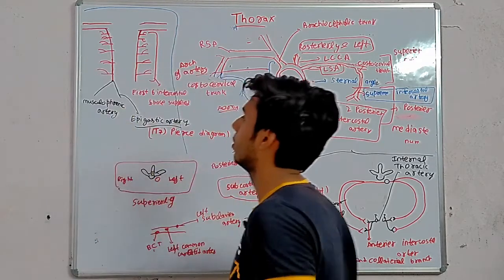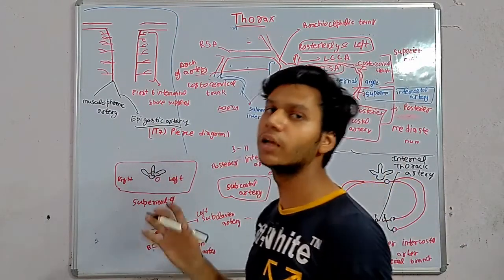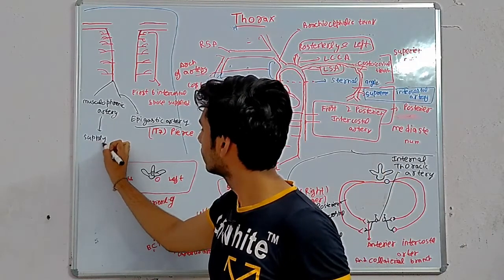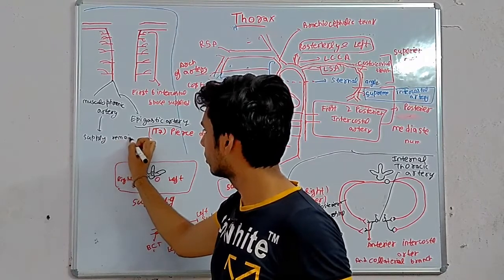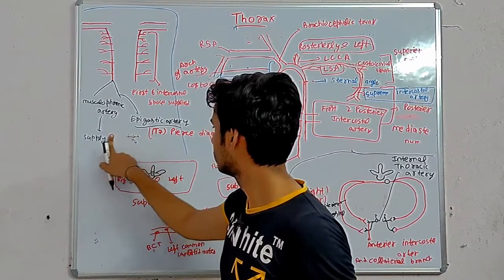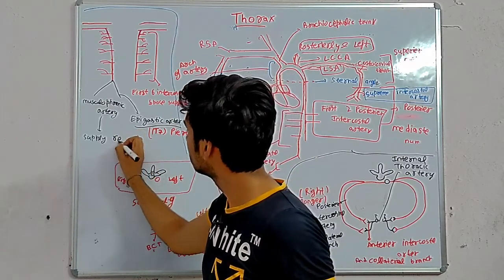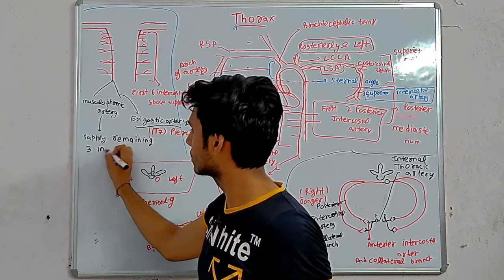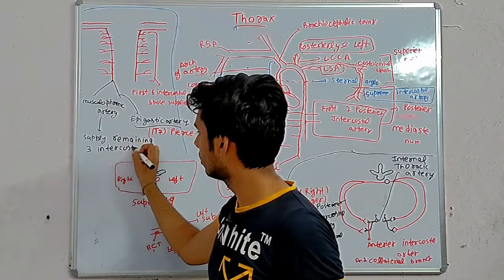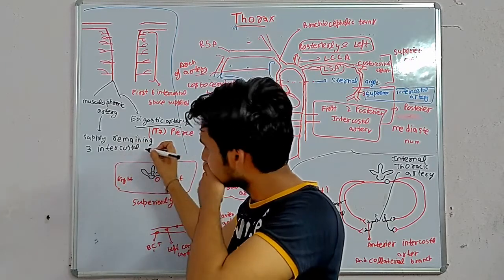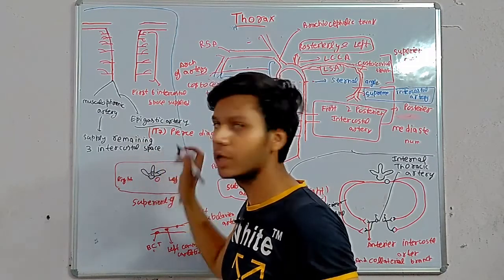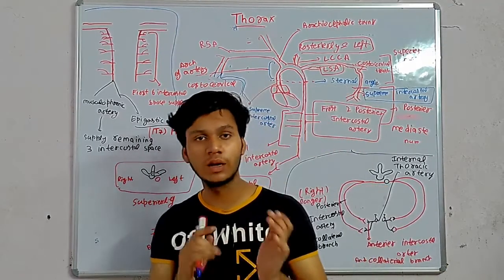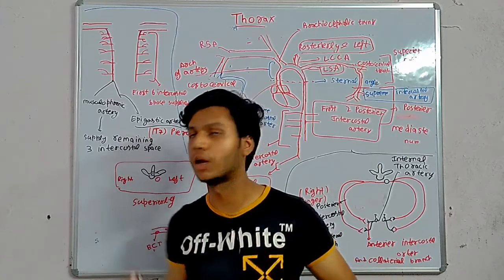Now come to the musculophrenic artery. It gives branches and supplies the remaining 3 intercostal spaces anteriorly, because anteriorly 9 intercostal spaces are present and posteriorly 11 are present, since the 11th and 12th ribs are not attached to the sternum.